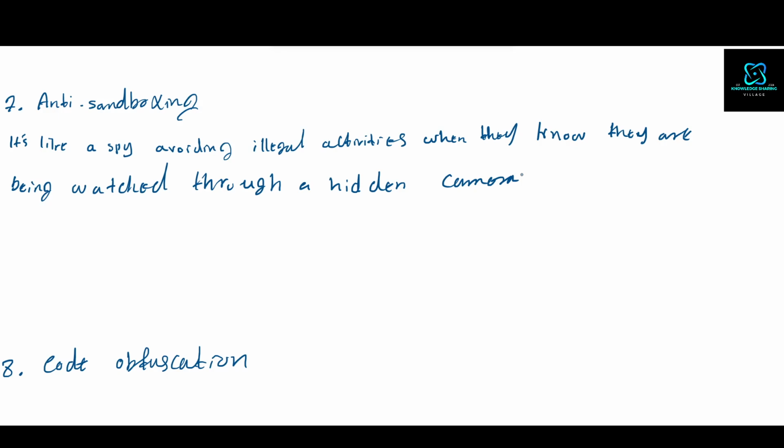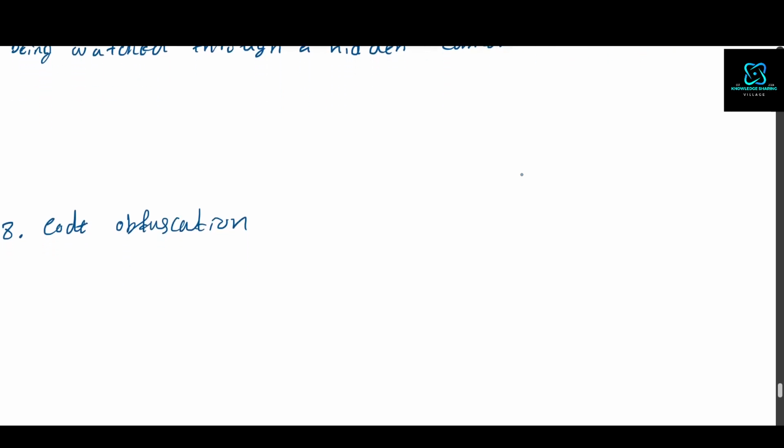But if it is not the real one, and it is in the virtual environment, it depends on which functionality the attacker has put in place. It will either alter its behavior or refuse to be executed when it detects that it is not in a real environment.